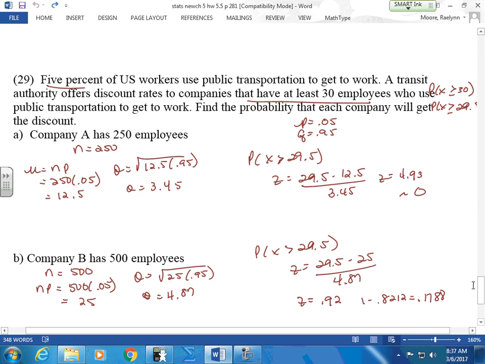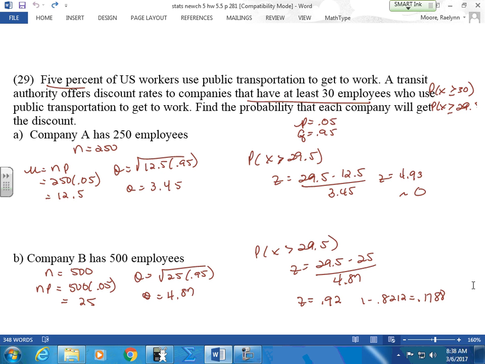Again, 5%. 5% is small, but your N was large. So company A has less than 250 employees. It's just changing your N on this one. So they were kind of trying to show you what would happen to your probabilities. You had to redo each part with this. You had to redo your mean.